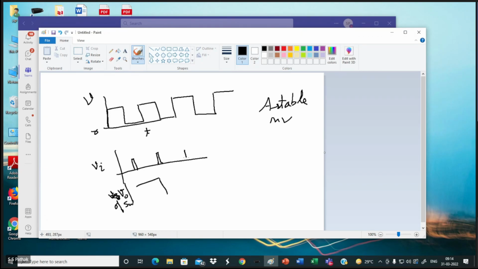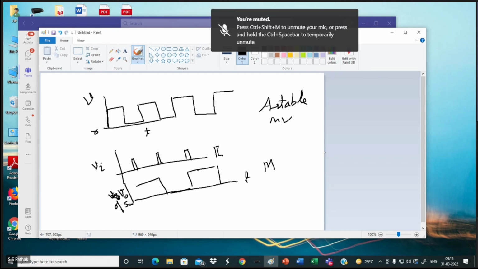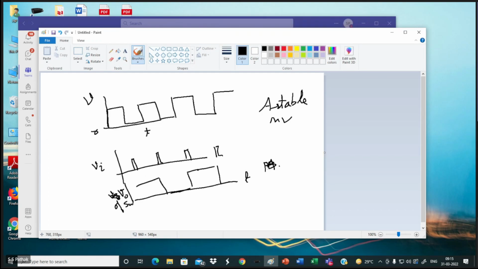When the third pulse appears here, it becomes on again and so on. So it will remain like that till another trigger is applied. So this one will be your T, this is your V. I call it monostable. Sorry, bistable.